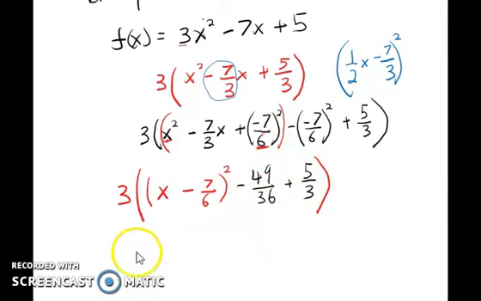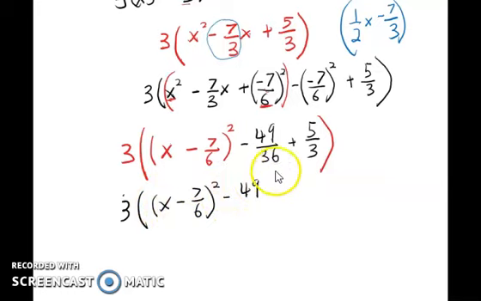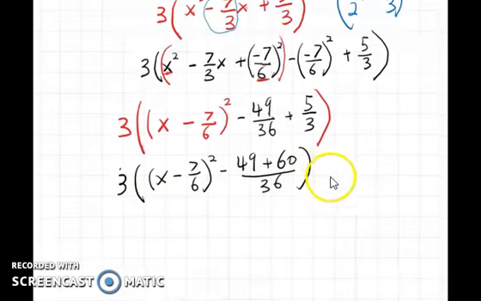So we have x minus 7 over 6 squared, and here 49, and we multiply 12 up and down, so it becomes 60 over 36. We close the bracket, simplify it again, and move it above.